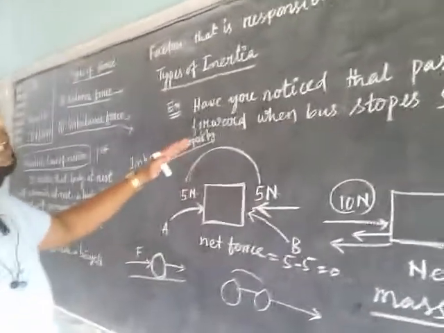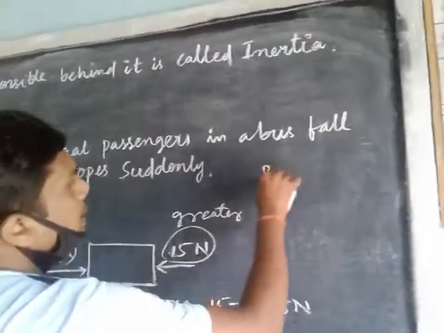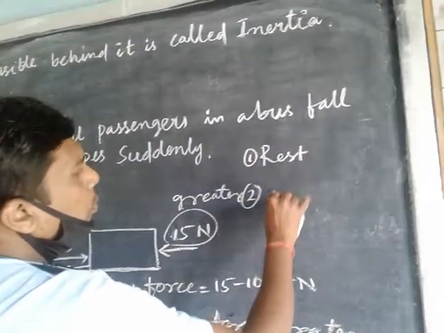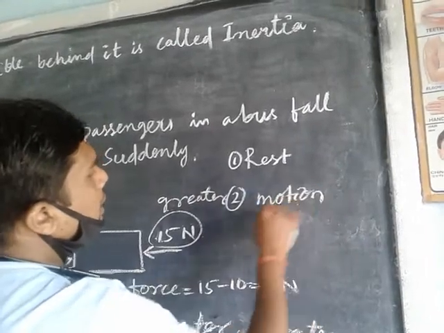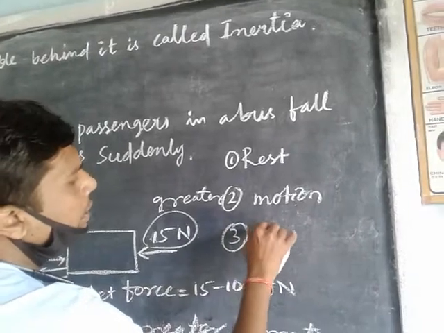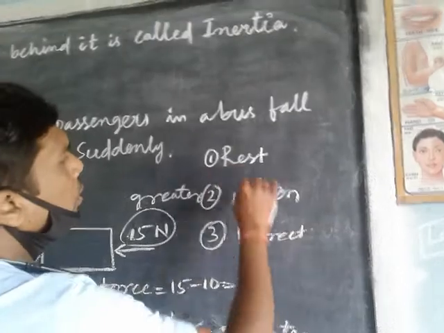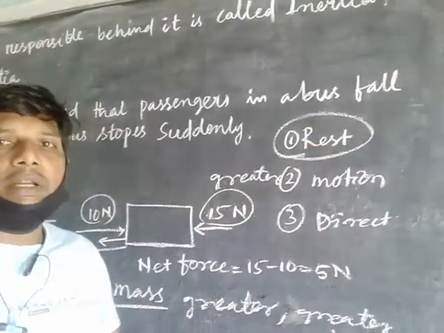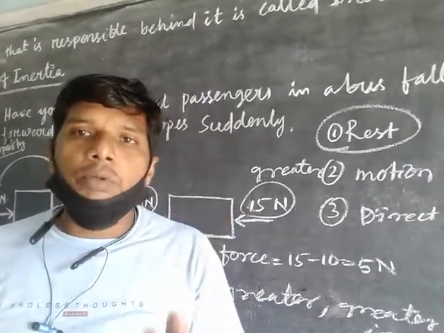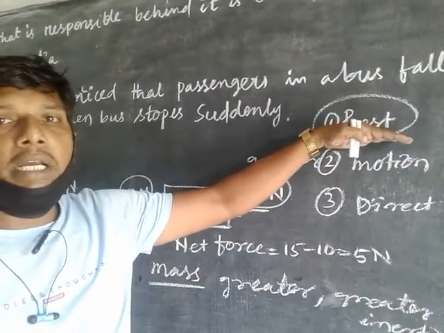There are three types of inertia. One is known as inertia of rest, another is known as inertia of motion, and another is known as inertia of direction. What is inertia of rest? Inertia of rest is the property by which the body is unable to change its state of rest on its own.